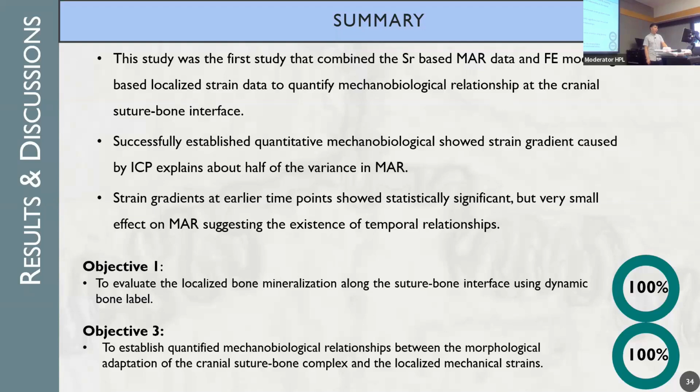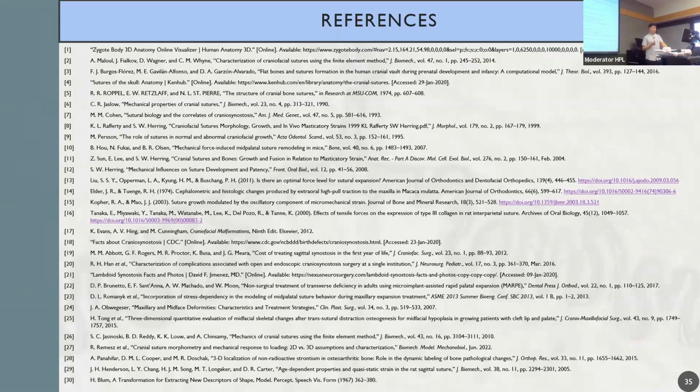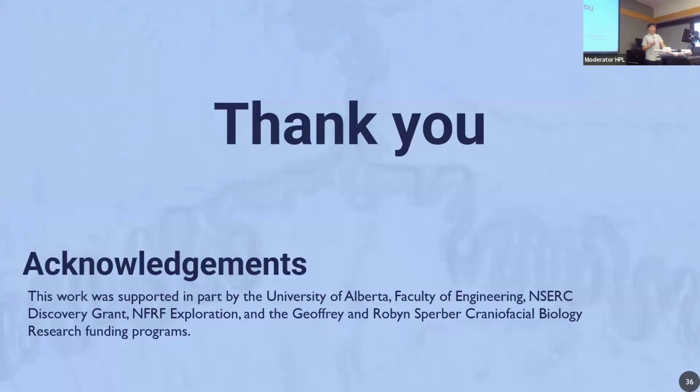There was also some statistically significant effect from the strain gradients at the other time point, but the size of the effect was very small. With this, I was able to accomplish all my objectives. And here are my references. Thank you.